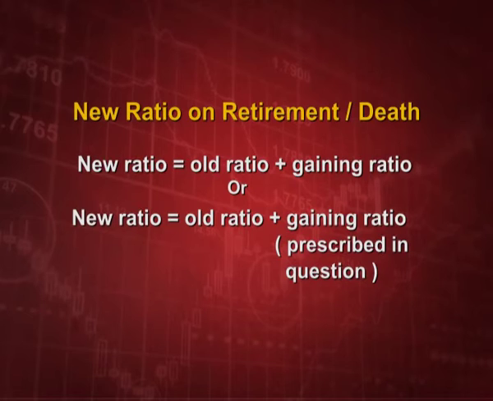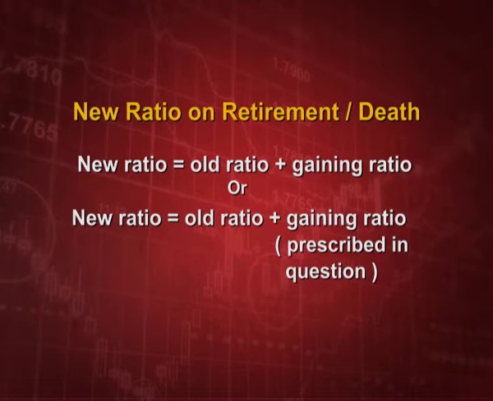But otherwise, if something is mentioned, then the new ratio will be calculated accordingly. That is, old ratio plus whatever they have gained on the retirement or death of that partner. So, we can say new ratio is equal to old plus gaining, or old plus the gaining ratio prescribed in the question itself.